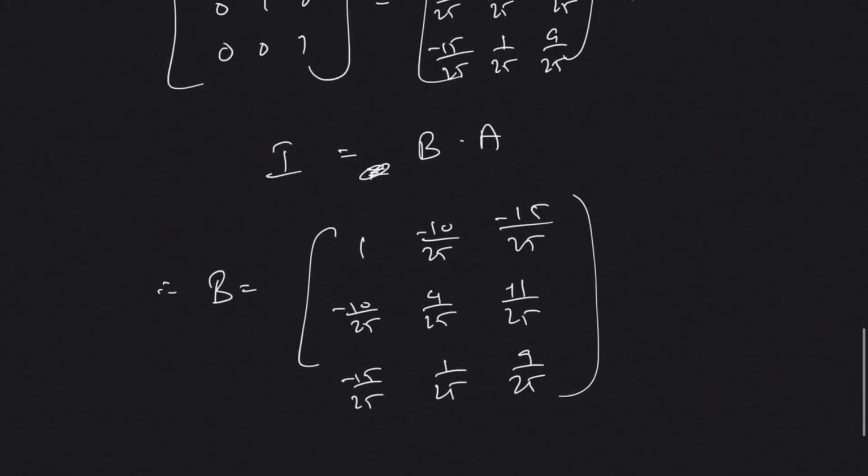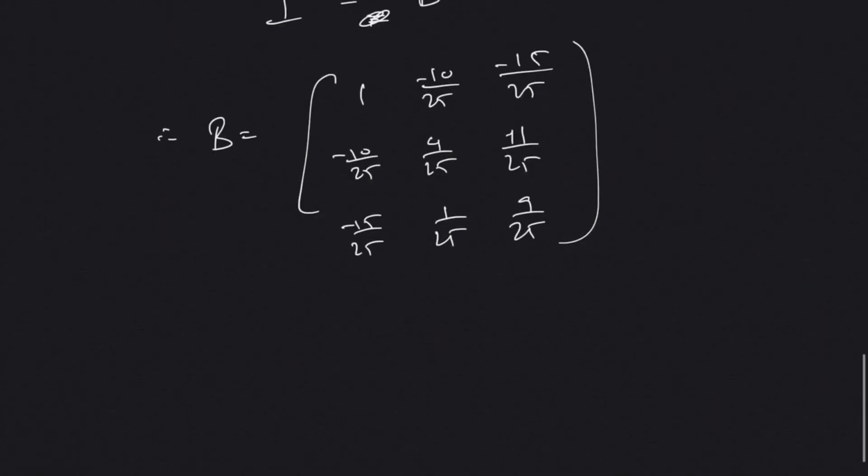So that's our matrix, which is our A inverse, which implies A inverse will also be equal to B. To keep it simple, I'll multiply and divide all the elements by 25.